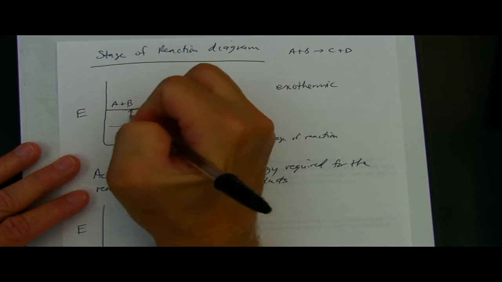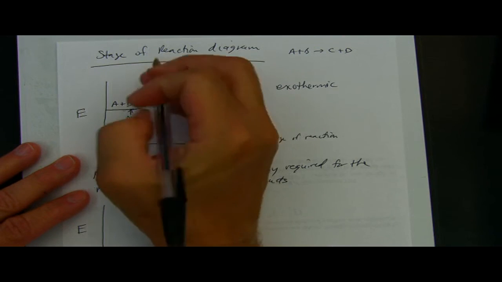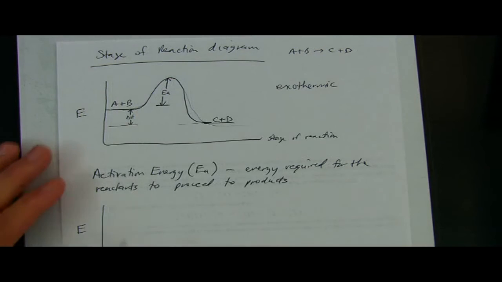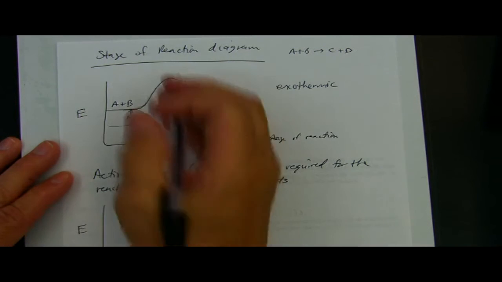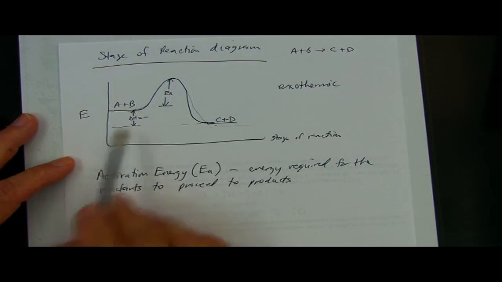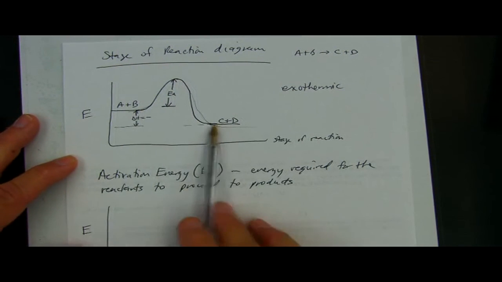Let's just call that delta H, which in many cases is equal to delta E. Exothermic really refers to it. That would be a negative number, delta H is negative, and that amount right there would be the exothermicity.